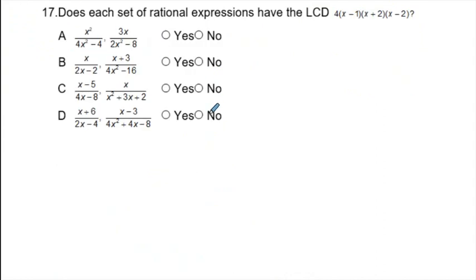Okay, the last one I gave you on this test is 17. Does each of these rational expressions have the least common denominator of 4 times quantity x minus 1, x plus 2, x minus 2? Okay, how do we do that?